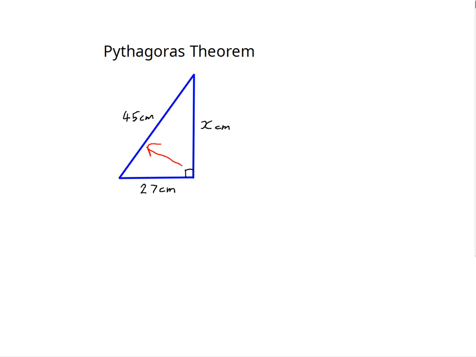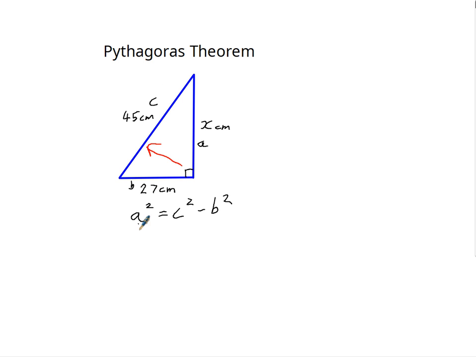So the square of this side here is going to equal the square of the long side minus the square of this other short side. So I'm going to just use A squared is C squared minus B squared. So just calling that one A, that one B, and that one C. And with the exception of C always being the longer side, it doesn't matter which way round you do A and B, you would just put the numbers in the right place here.